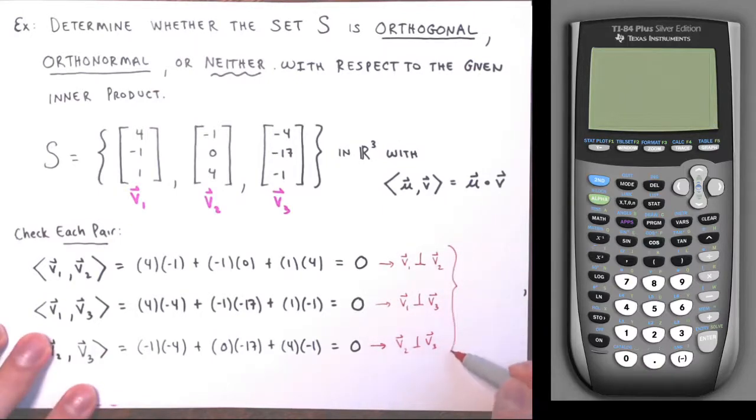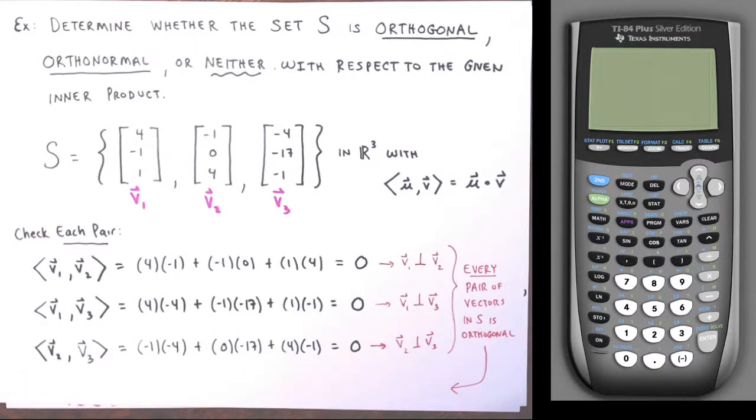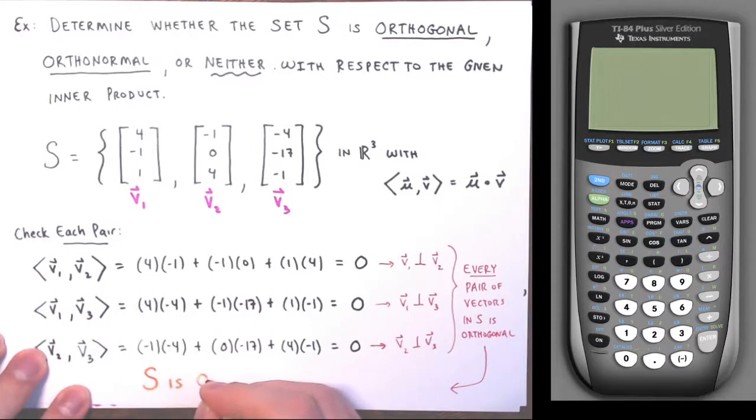So every pair of vectors in S is orthogonal. So they would say that the set S is orthogonal.